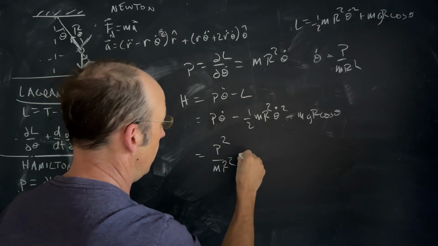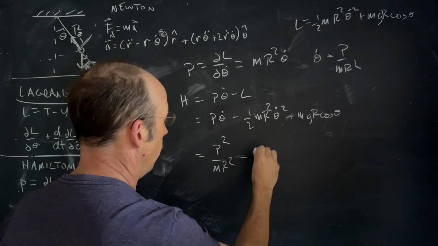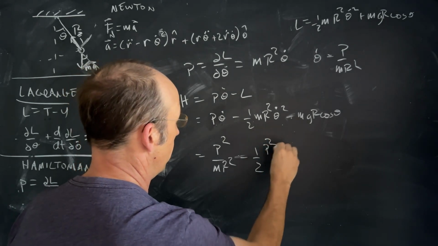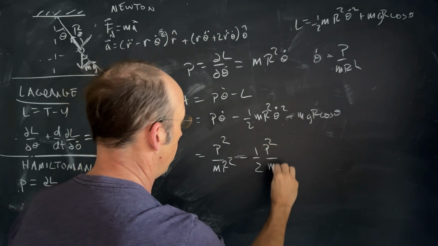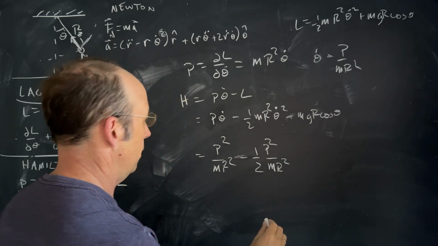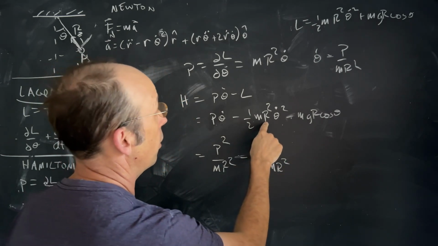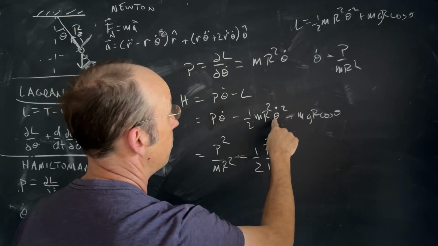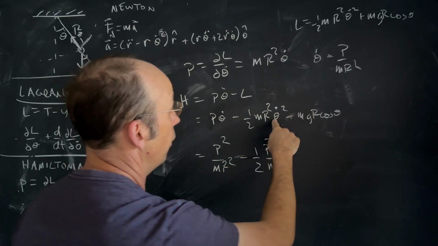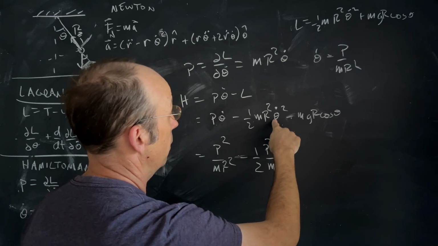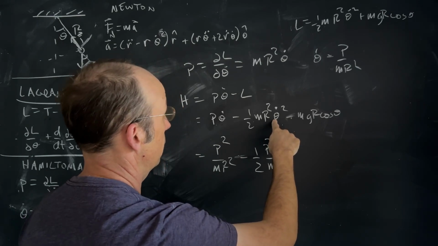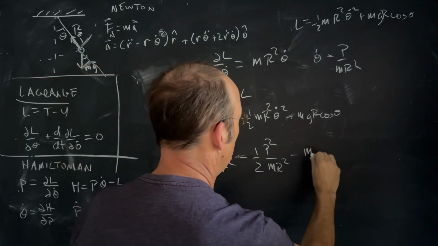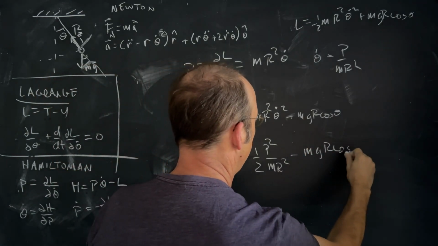And then this is going to be equal to minus 1/2 p squared over m r squared. Is that right? That's theta dot, so that's good. I get p squared over 2 m r squared. Yeah, I think that's right. And then minus m g r cosine theta.